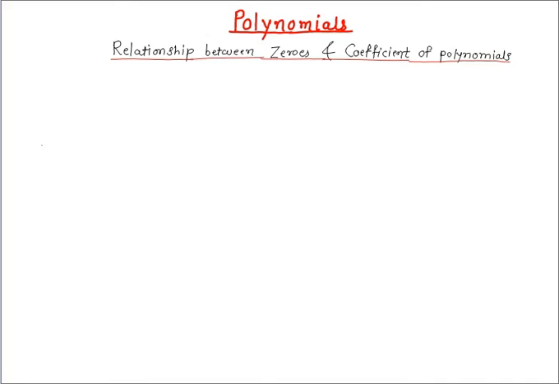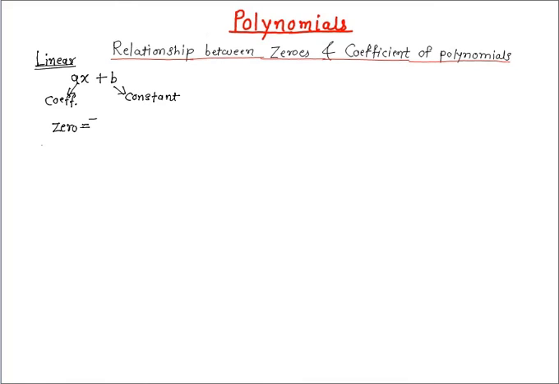Now, before we jump on to the quadratic and cubic polynomials, let's first try to understand what is the relation between zeros and coefficient of a linear polynomial. So let's first talk about linear polynomial. Now, we learned that the standard or the general form of a linear polynomial is ax plus b, where a is the coefficient and b is the constant. What is the zero of this linear polynomial?